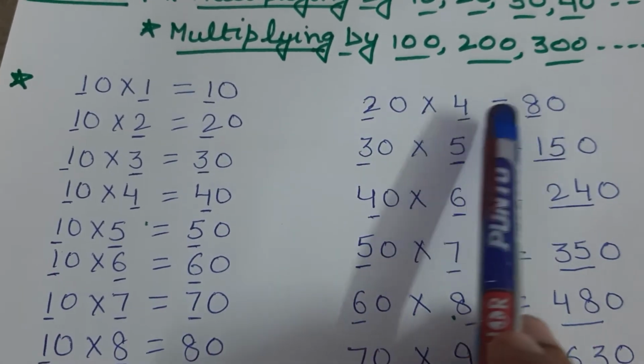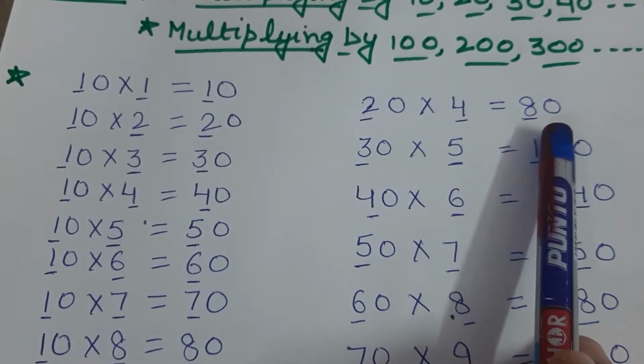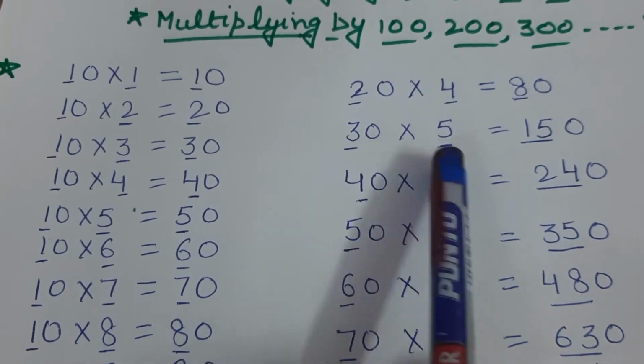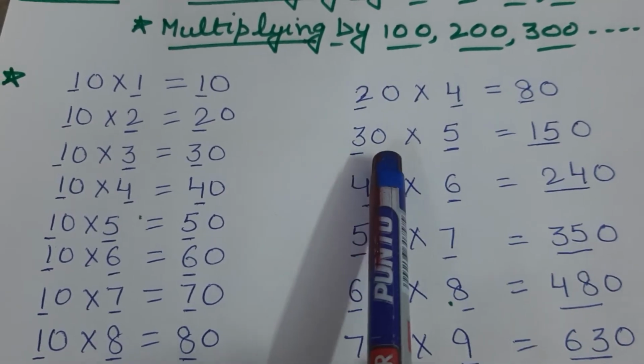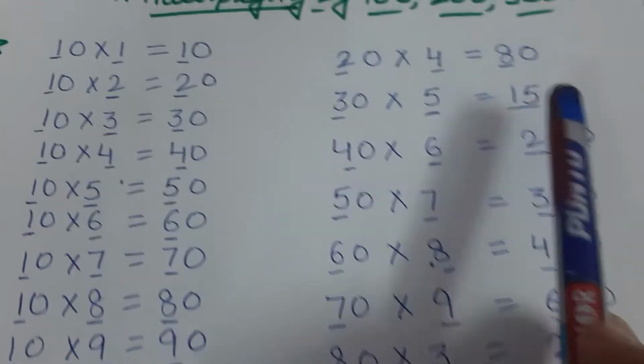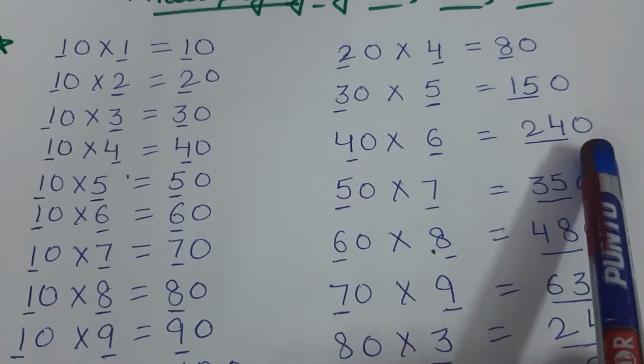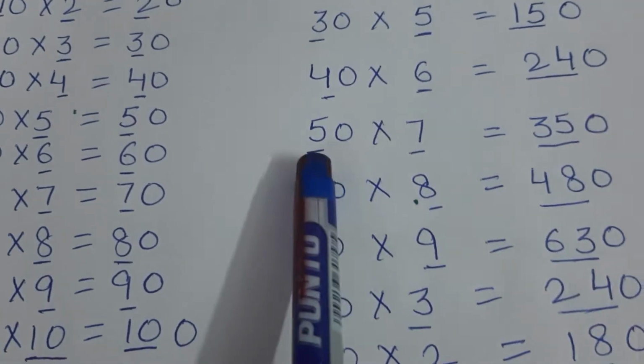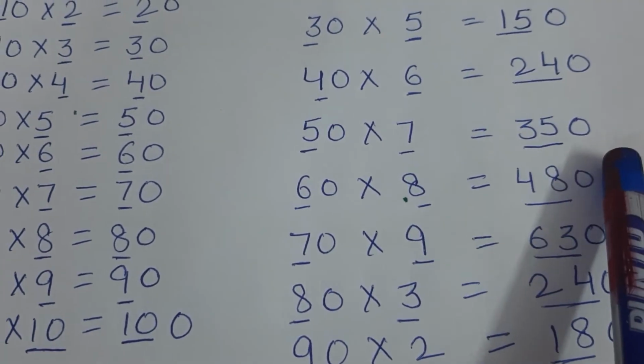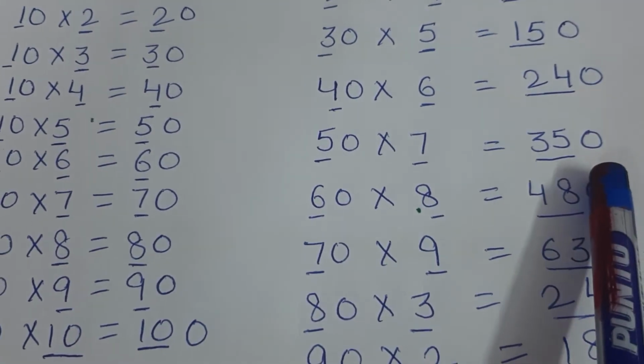So 2 fours are 8 with 0. 3 fives are 15 with this 0 here. 4 sixes are 24, 0 at ones place. 5 sevens are 35, 0 at ones place.